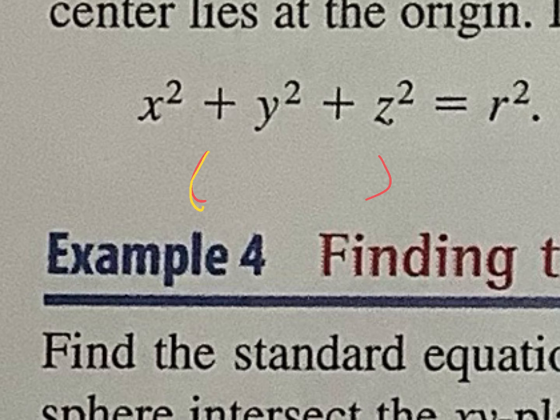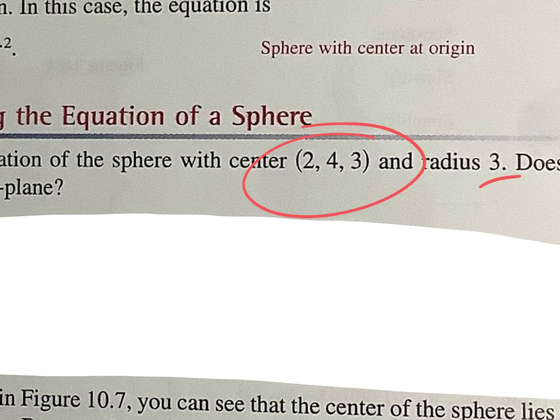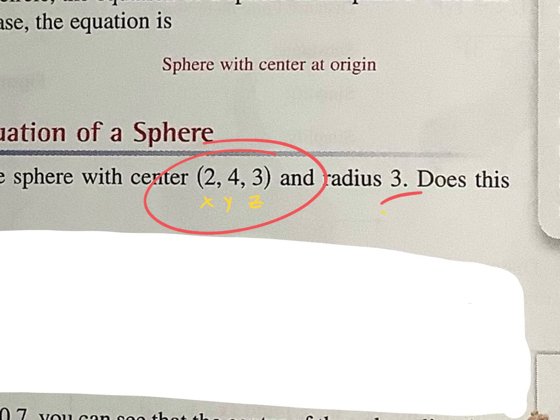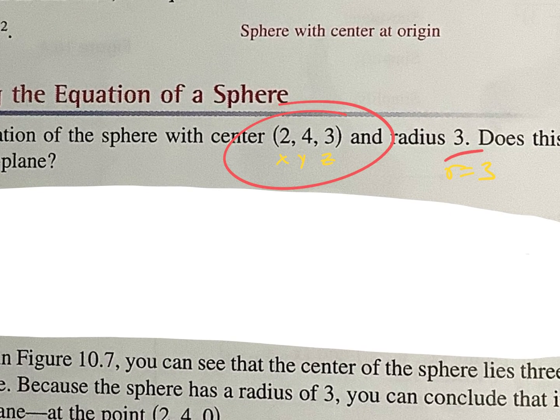Anything? 0. So it would be 0, 0, 0, right? So we are going to take this ordered triple. This is my x, my y, my z. And this is my radius. My radius is 3. And we're going to write the equation. It's just like the equation of a circle. You just have one extra variable.